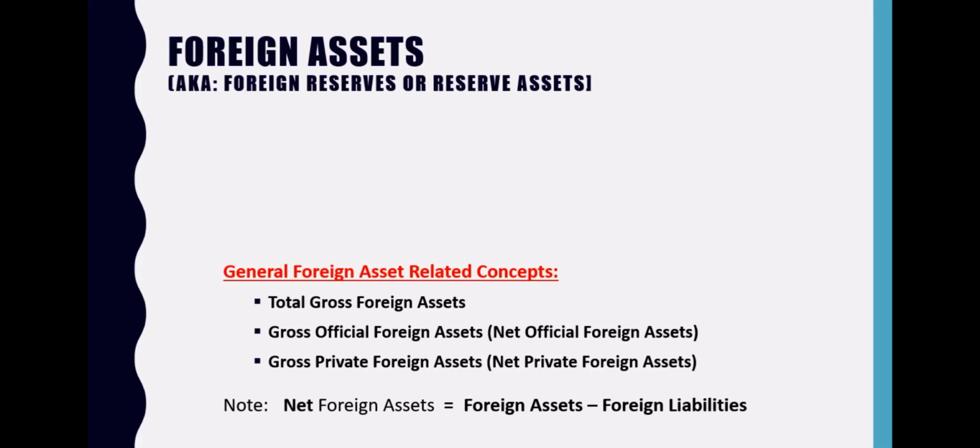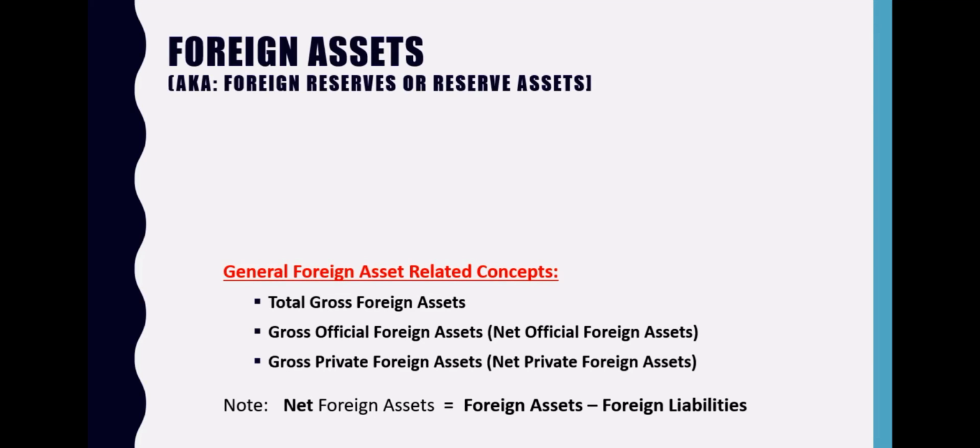So the IMF has given a proper, universally accepted definition for foreign assets, but keep in mind that definition is specifically for official foreign assets. When we use the word official, we will learn that today we refer to the central bank and the central government.